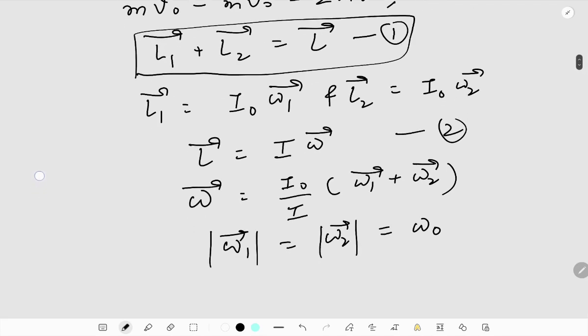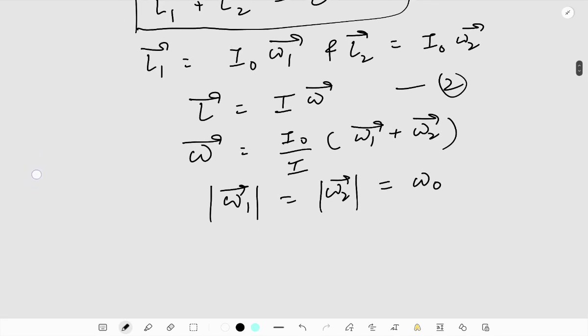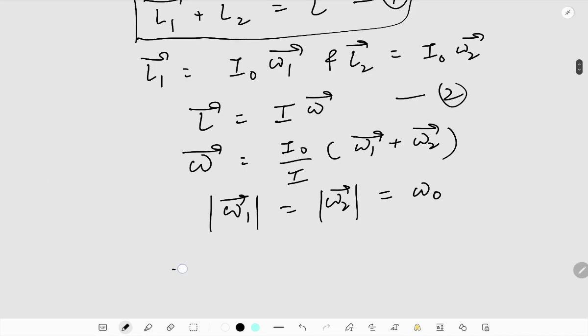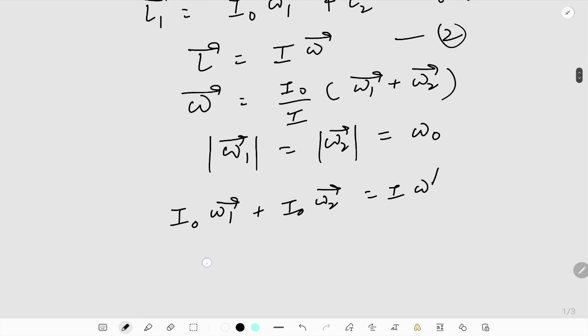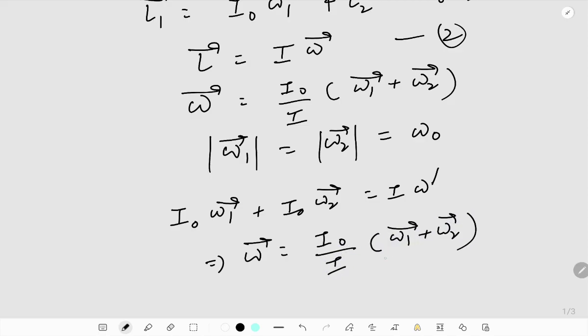So we should have written something like I naught omega 1 plus I naught omega 2 equal to I omega. So from here we got omega equals I naught upon I times (omega 1 plus omega 2).